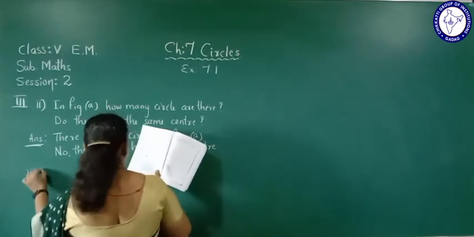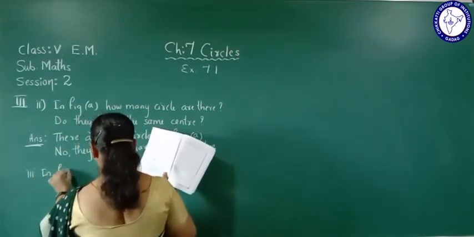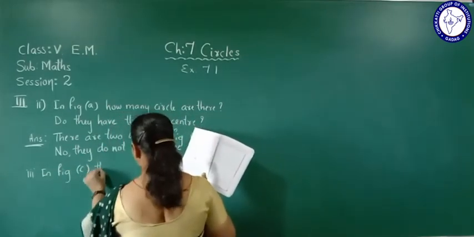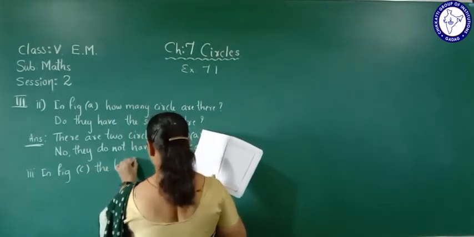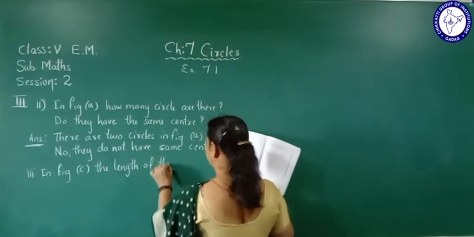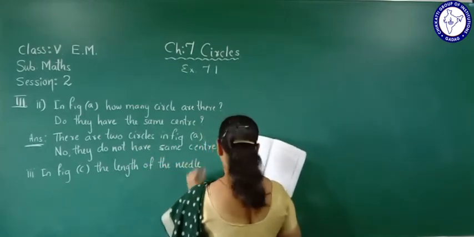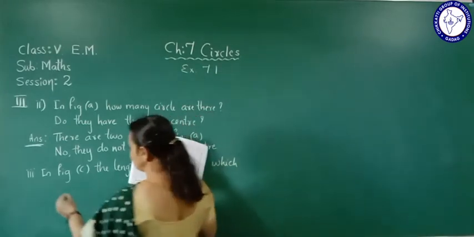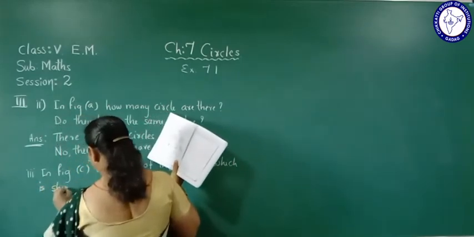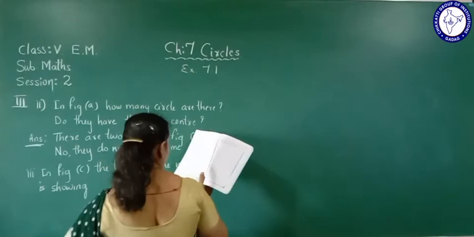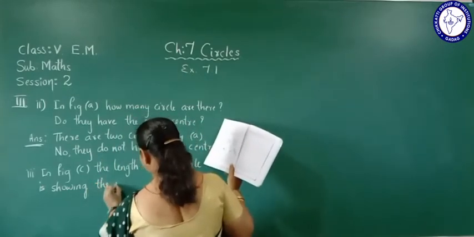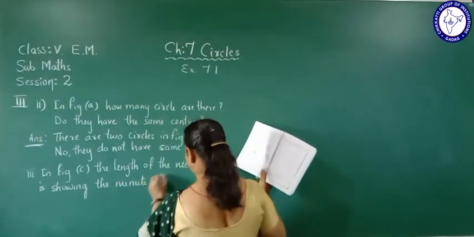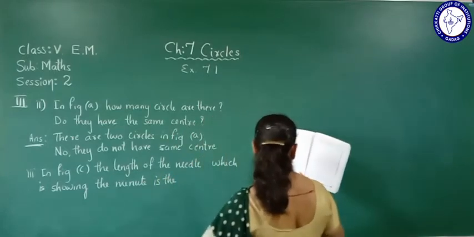Third question: in figure C, the length of the needle which is showing the minute is the radius of what?